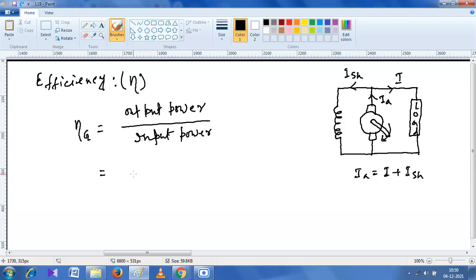In which form is it, electrical form or mechanical form? Electrical form. That means the output is in electrical form. So we have to write this output and input in terms of electrical form.